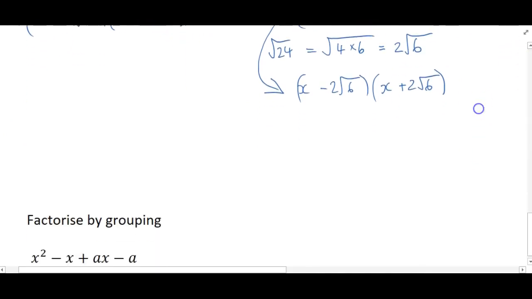Now, just quickly, I'm going to go on to this last method of factorising, which we talked about in class. You may have done it last year. It's called factorising by grouping. If you look at this expression, there are some x's and some a's, but there's no number you can take out of everything.